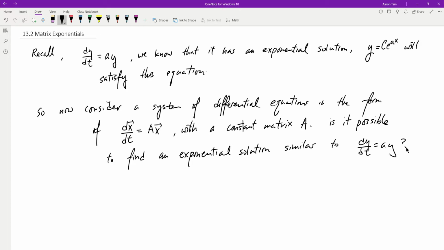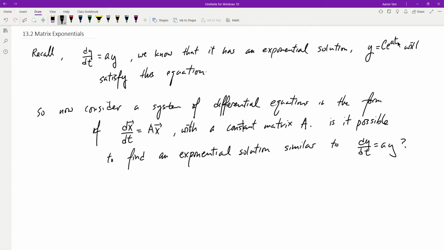Obviously the best case scenario is for us to have a solution where the solution is just e to the matrix A t. Oh, actually, you know what? I wrote x. It should be t right here. There you go. That would be great.